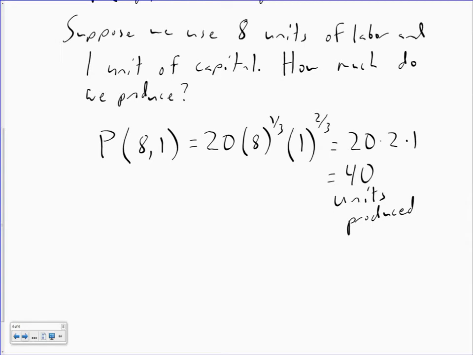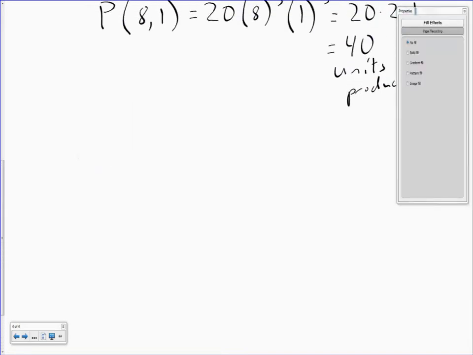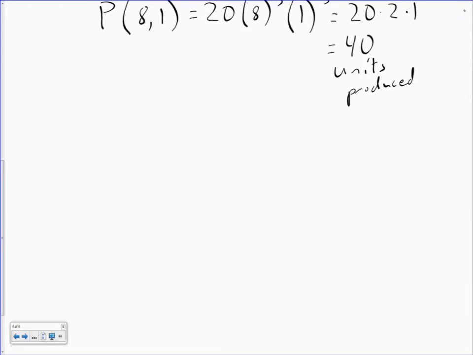All right, so now we're going to do one more thing with this, which is what if we scale our labor and our capital? Okay, so we're going to talk about scaling up.